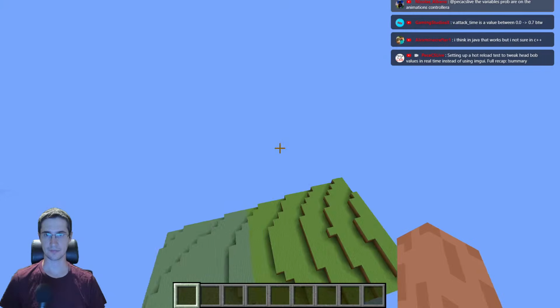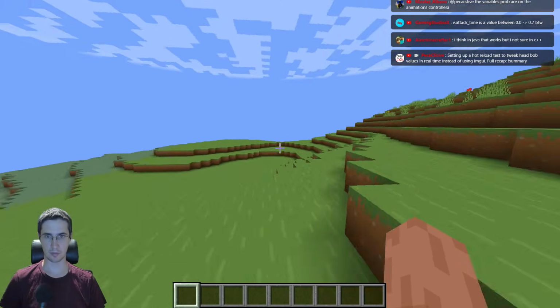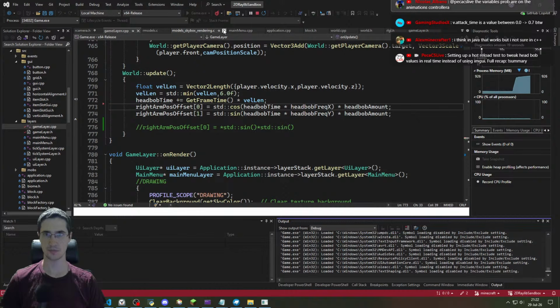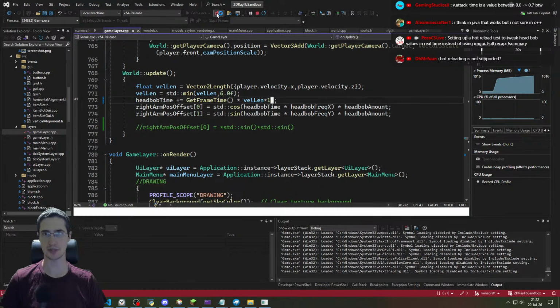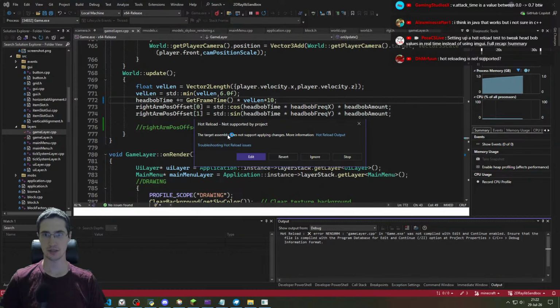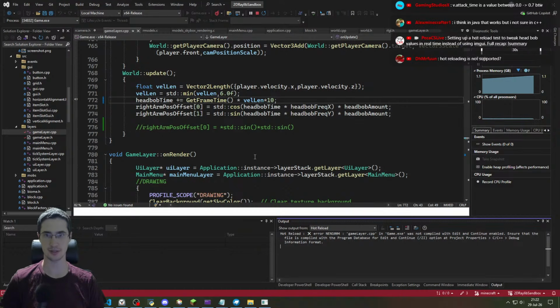Let's start again. Let's try to make the head bob happen constantly. Okay, let's multiply here by 10 and press this. Does not support applying changes. Target assembly. Yeah, we may need to go in debug configuration.